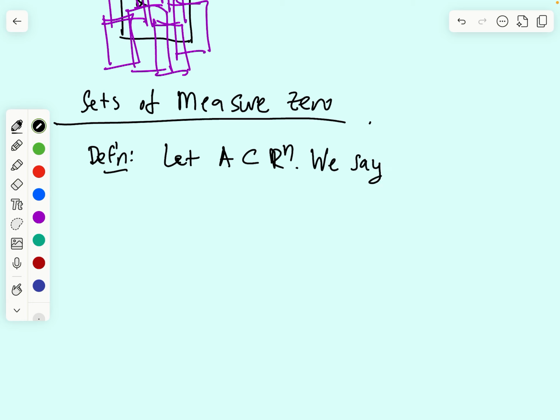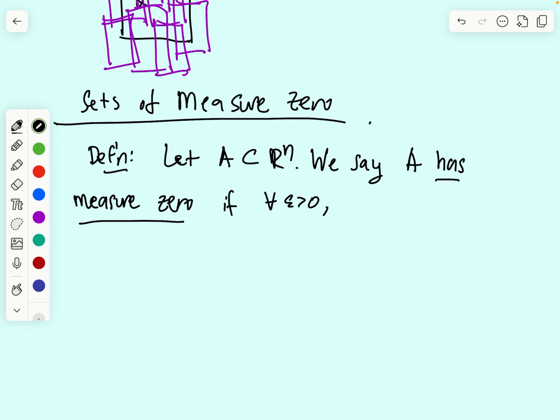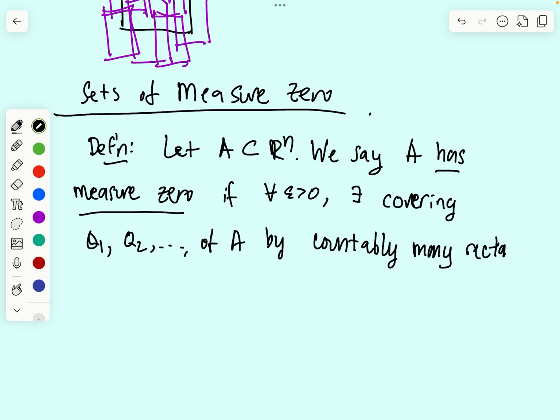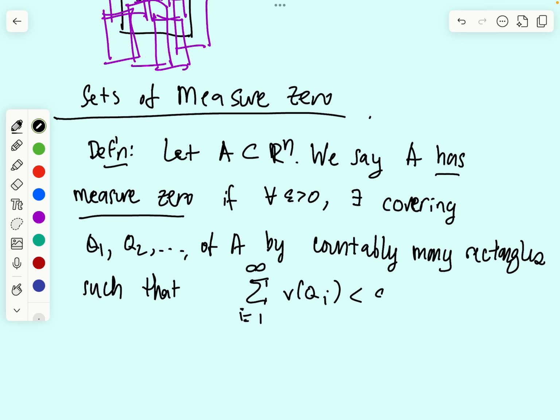We say that A has measure 0 if for every epsilon greater than 0, there exists a countable covering, so a covering Q1, Q2, etc. of A by countably many rectangles such that the sum of V of Qi is less than epsilon.